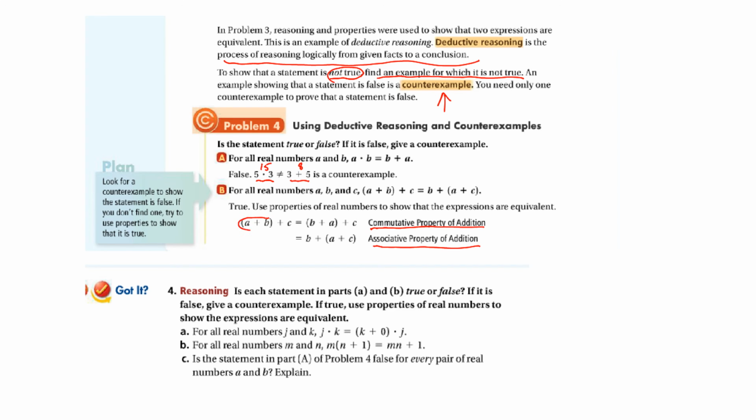Here, the commutative property changed from A plus B to B plus A, and then I changed my parentheses for my associative property. So I would like for you now to do the got it problems for A, B, and C, stating if each statement is true or false. If it's false, give a counter example. If it's true, use the properties of real numbers to show that the expressions are equivalent, like they did in example B.